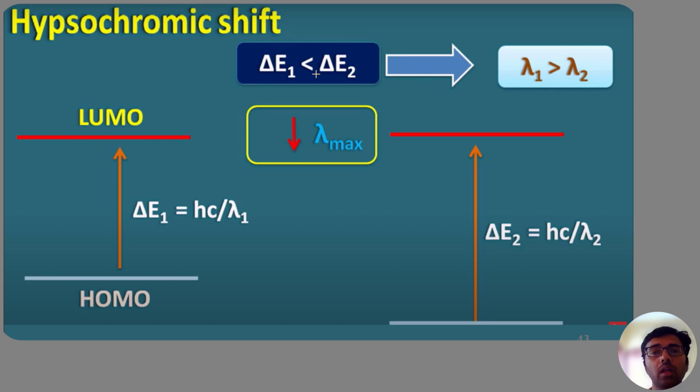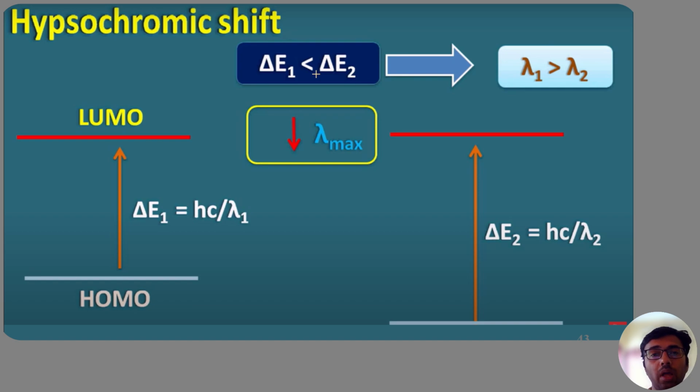Now consider the opposite case. If the environment interactions stabilize the ground state strongly, the HOMO energy decreases significantly. The energy gap increases. From our equation, a larger energy gap requires a higher energy photon. Higher energy corresponds to shorter wavelength.